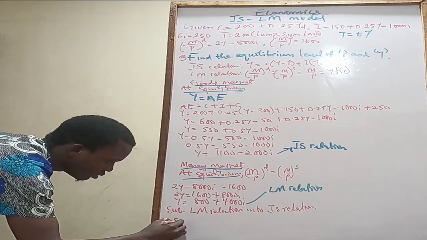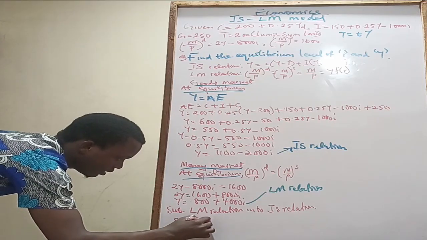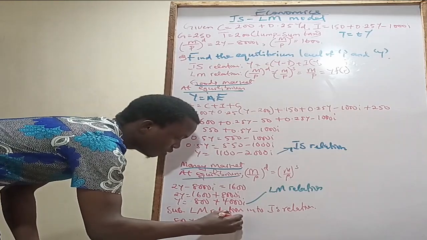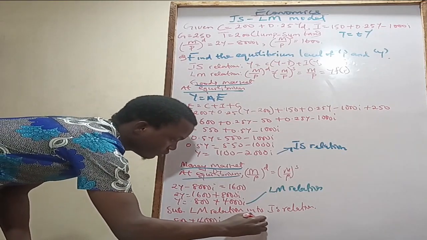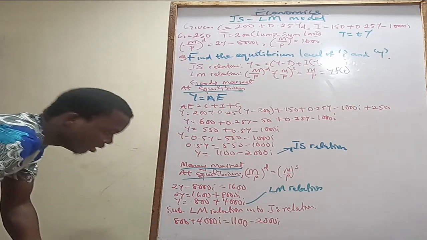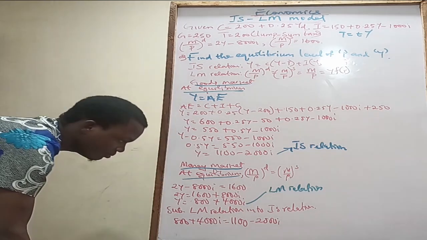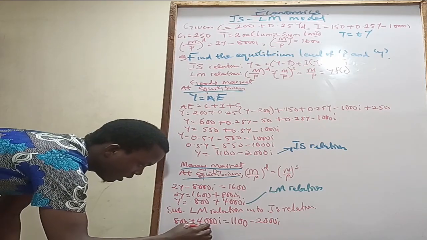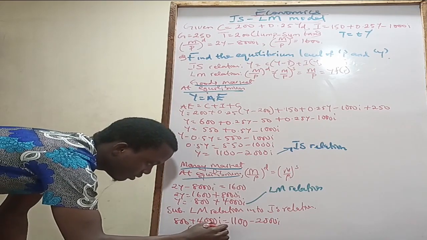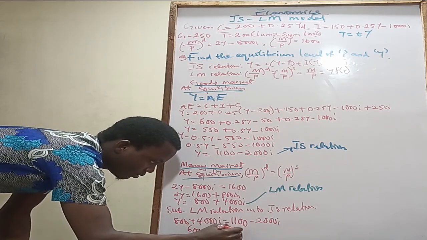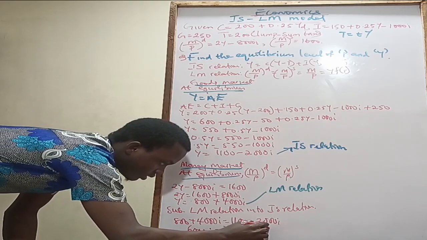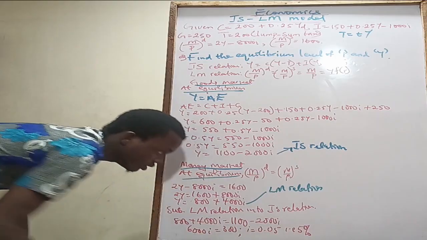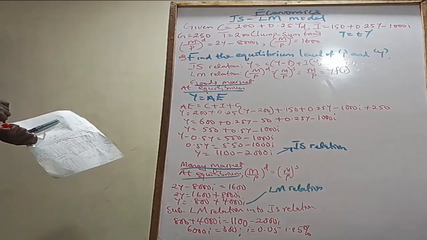So we are going to have 800 plus 4000i equals 1100 minus 2000i. All right, so 6000i equals 300. So from here, i equals 0.05, that is 5%. So the interest rate to start with is 5%.